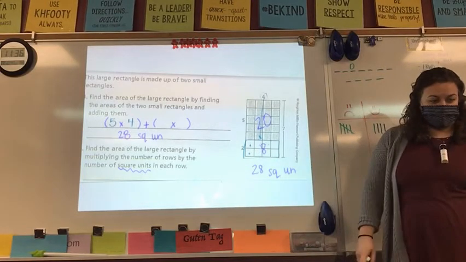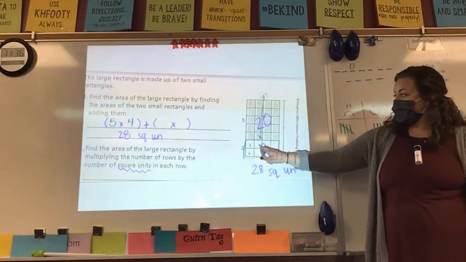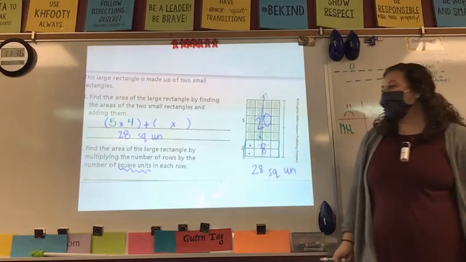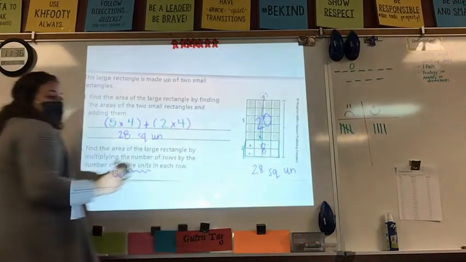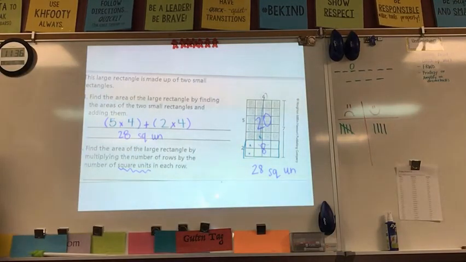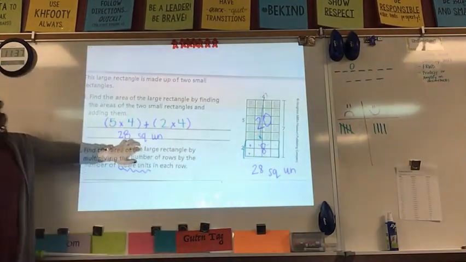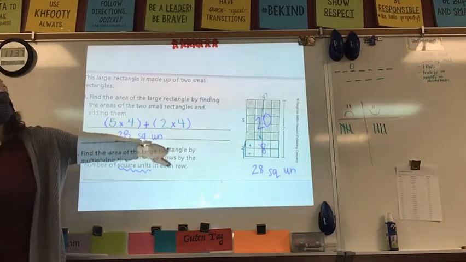What's the white one going to be? 2 times 4. Bingo, she got it. It's a 2 by 4. So make sure that your parentheses have that. And then, because you guys already did it in the beginning, you already added those up and got our total of 28 square units.